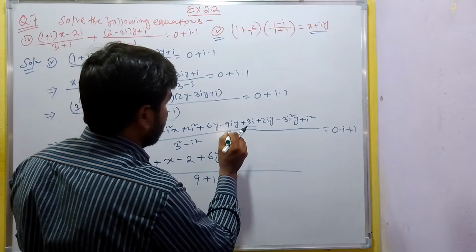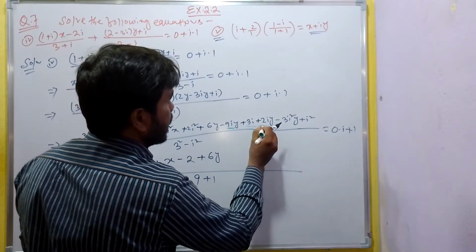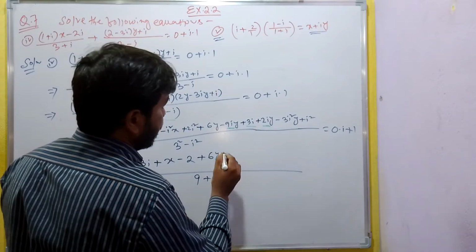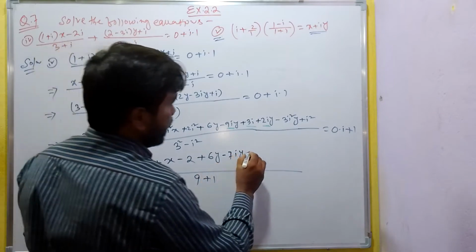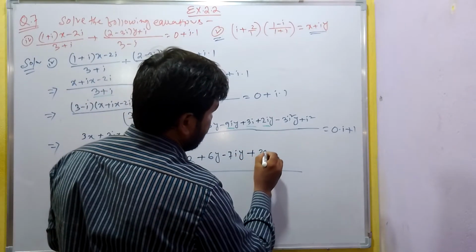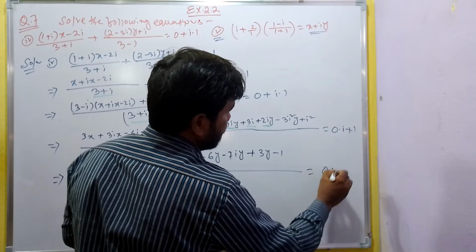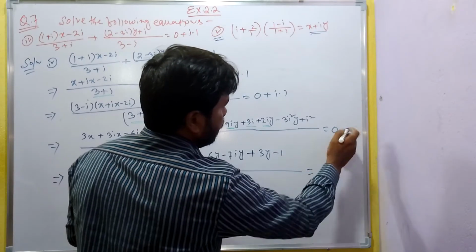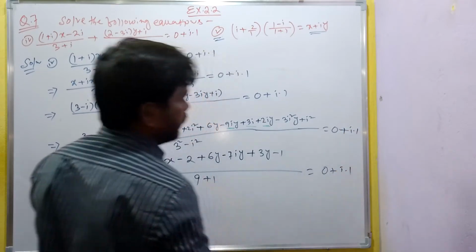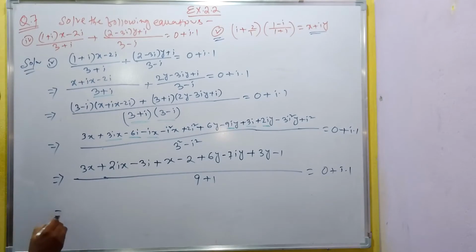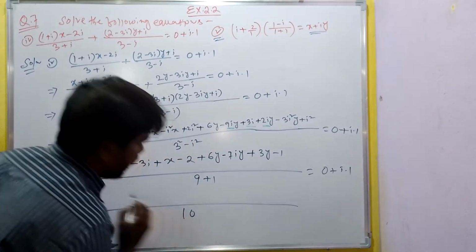Now this one minus 9iy, this one plus 2iy, then you can write minus 7iy. Minus minus plus, so 3y minus 1 equals 0 + i·1. Now the denominator: 9 + 1, 10.